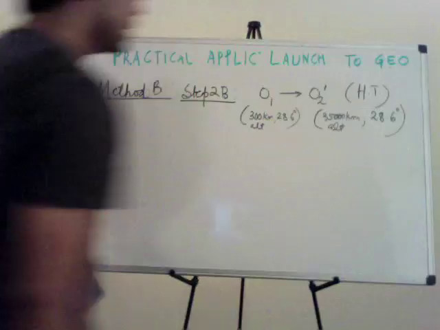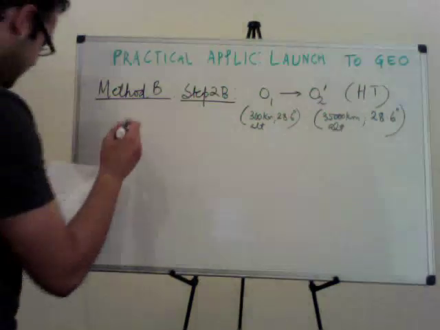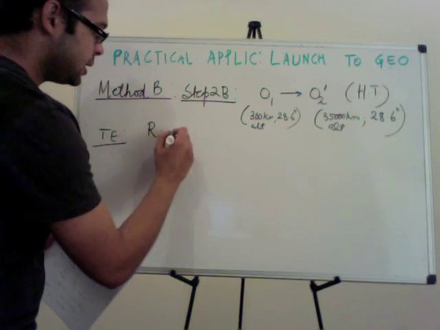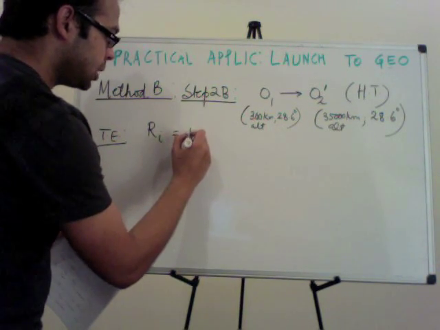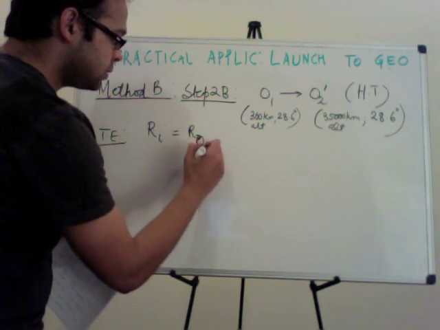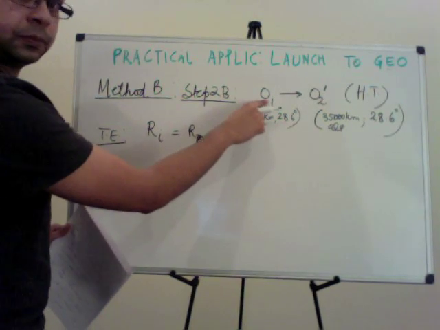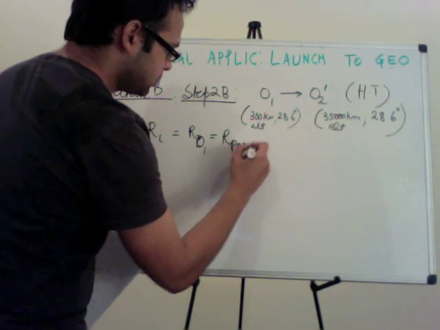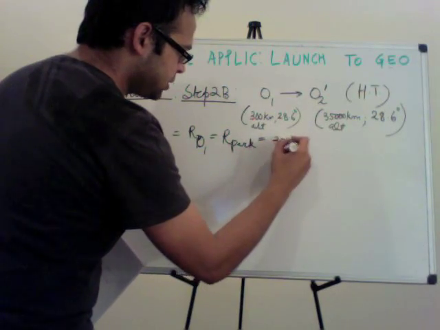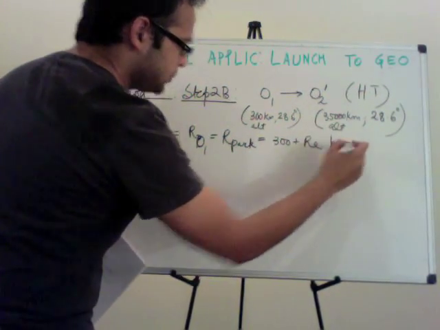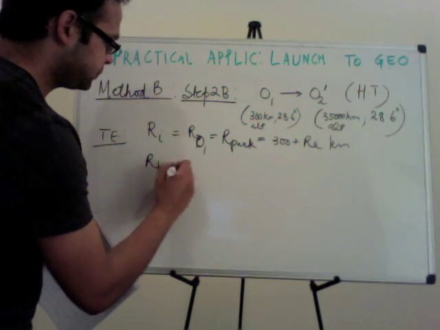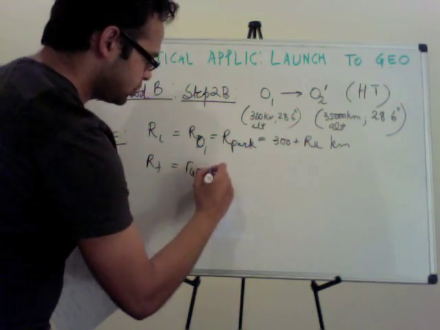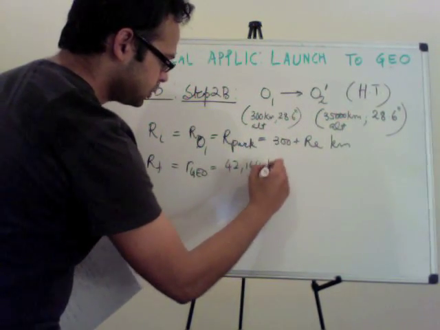Like we did for method A, let us compute the transfer ellipse first. My Ri is R park, which is RO1, right? The initial orbit is O1. So the initial radius is RO1, which is R park, which is 300 plus RE kilometers, and Rf, this is altitude, RGEO, which is 42,164 kilometers.